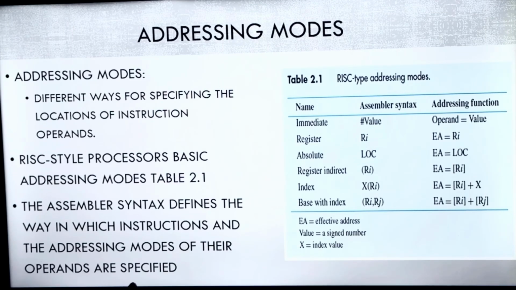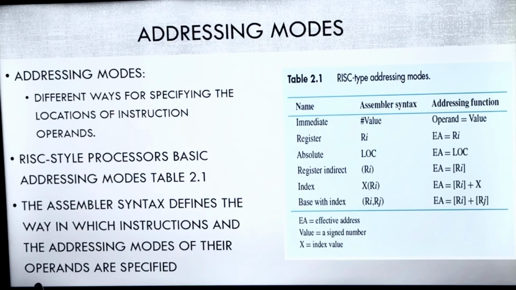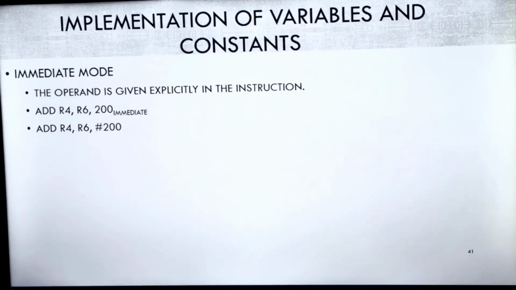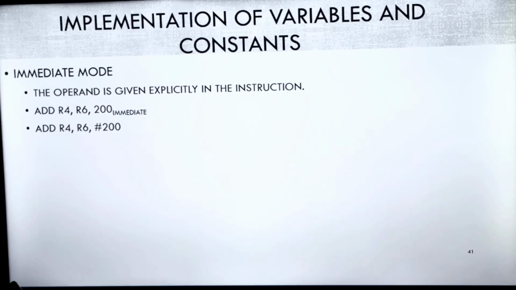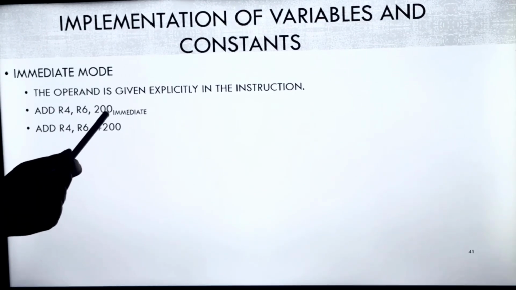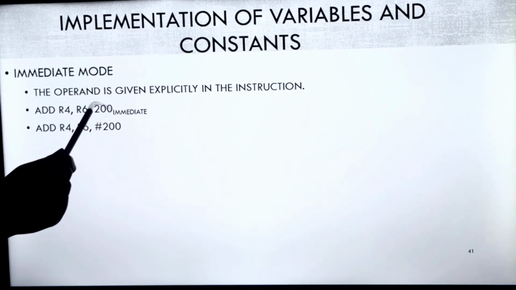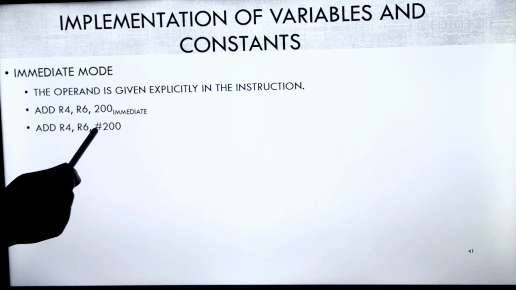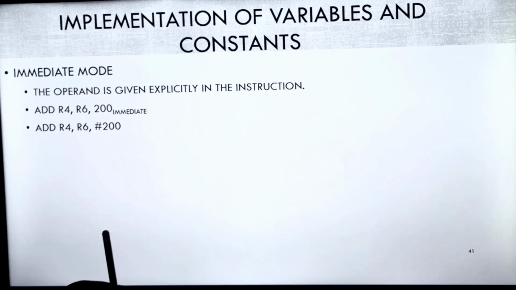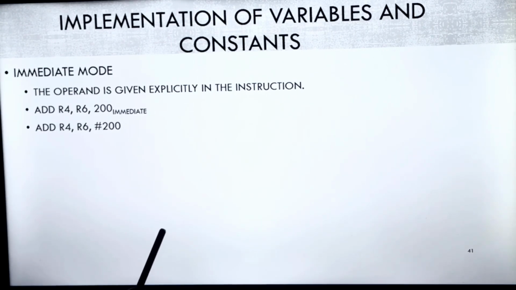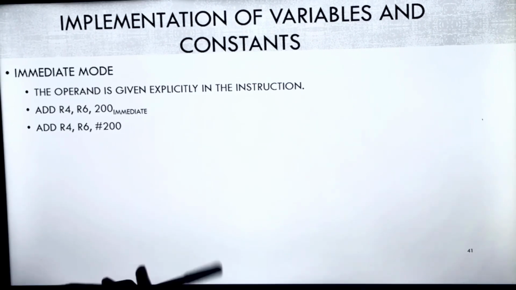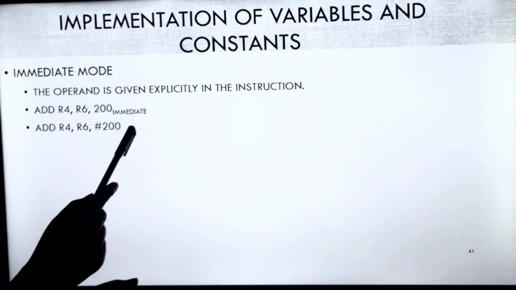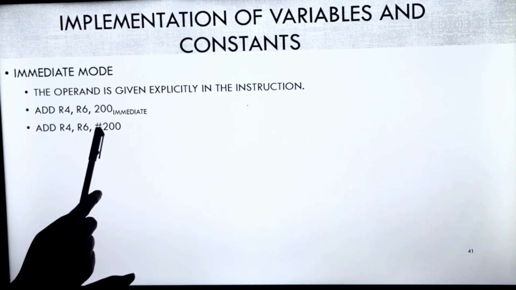That address is nothing but the effective address. Fine. So the first type of addressing mode that is supported very widely in RISC is the immediate addressing mode. In immediate addressing mode, we explicitly forward the operand with the value. Whenever you want to add something, say I want to add 200, 250 or 500 with some other value already in some register, I can directly pass this value 200.